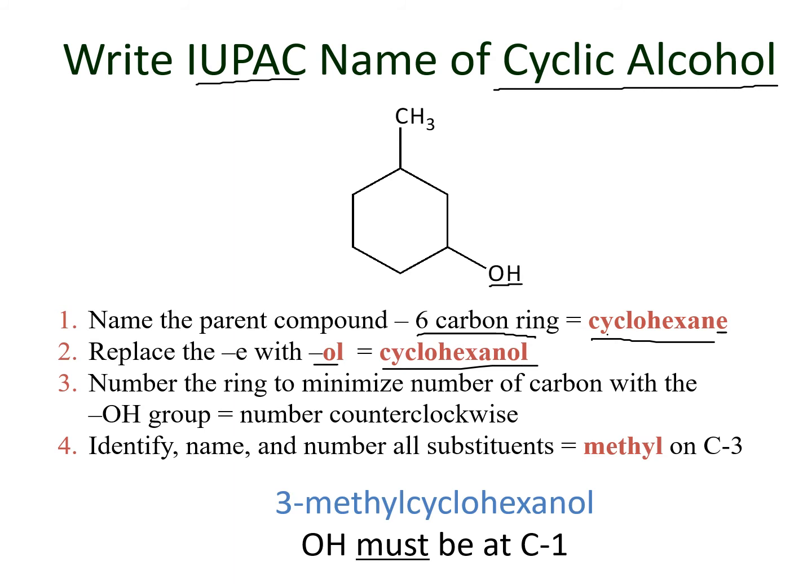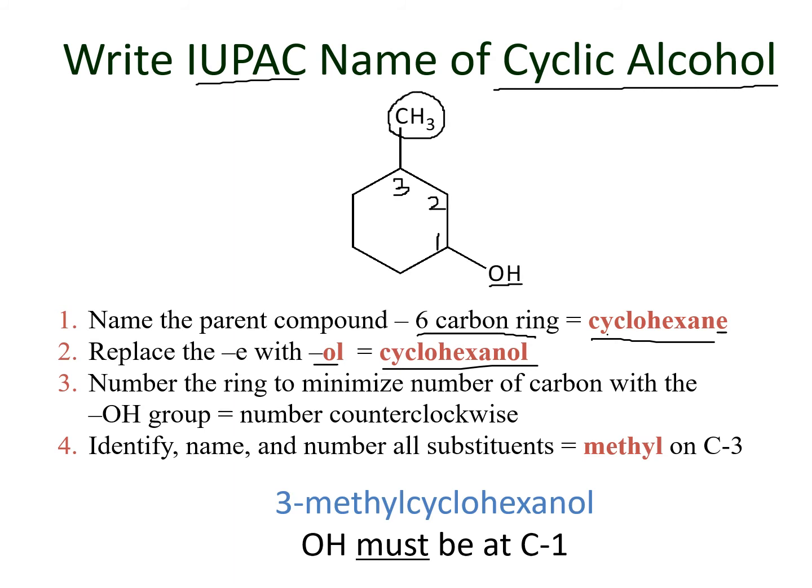Next thing is that we read earlier as well. In a cyclic compound, the carbon that is attaching the OH group will always be numbered 1. So we go towards the substituent, or do the counterclockwise numbering. So this carbon which is attaching the methyl group here becomes carbon number 3.